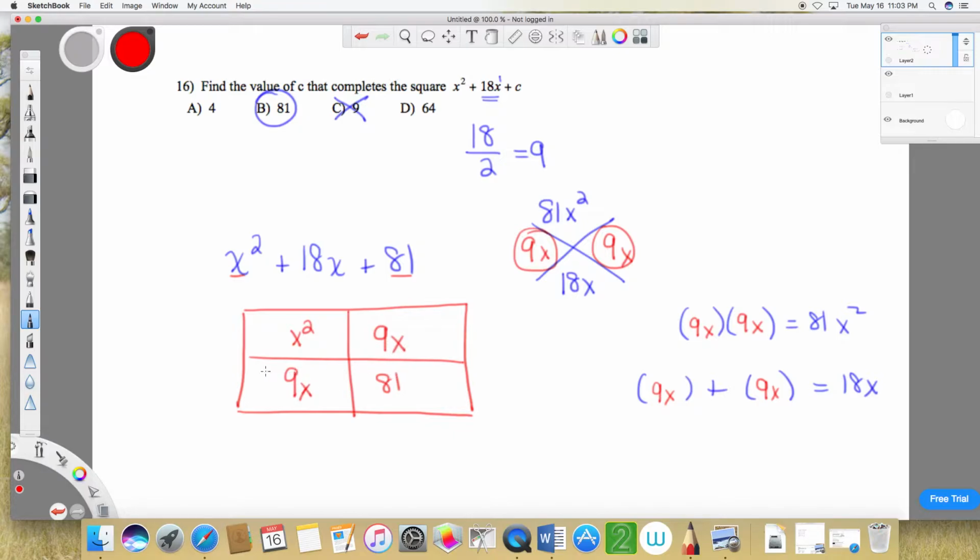So we look here and we say, well, what factors do 9 and 81 have in common? 9. Up vertically here, 9 and 81 have a 9 in common. Horizontally here, 1 and 9 don't have anything in common, but they both have a common factor of x. And here, these both have a common factor of x.